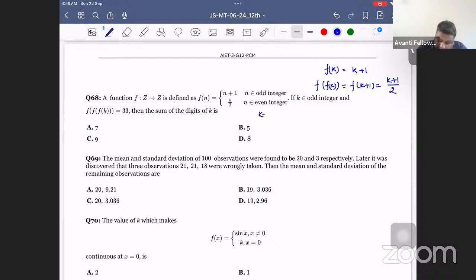So, if k plus 1 by 2 is odd, that means f of f of k will be k plus 1 by 2 plus 1. And if it is 33, then k plus 1 by 2 will be 32. So k will be 63.